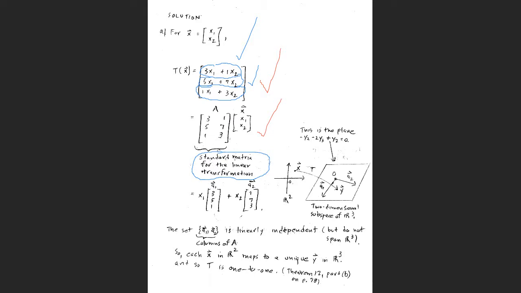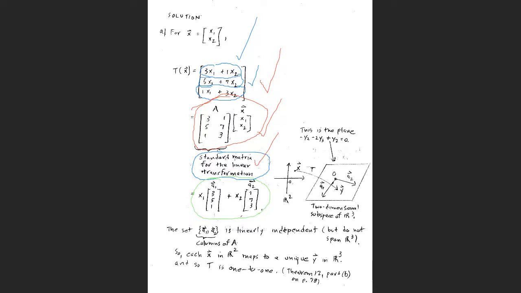Okay, so I get down to here, and what I'm going to do is rewrite my matrix product as a linear combination of the column vectors of the matrix A. You learned that you can do that, right?